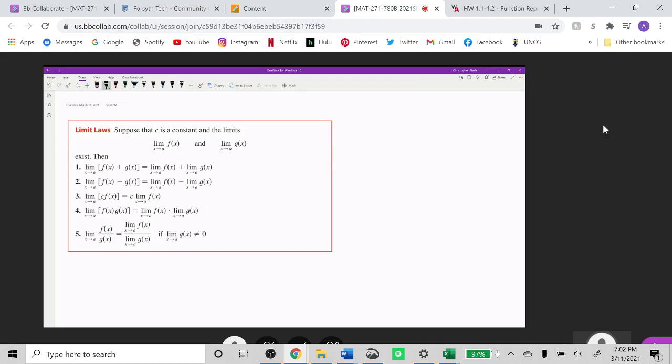Then the limit of f of x plus g of x as x approaches a is the limit of f of x as x approaches a plus the limit of g of x as x approaches a. So number one is saying the limit of the sum is what?